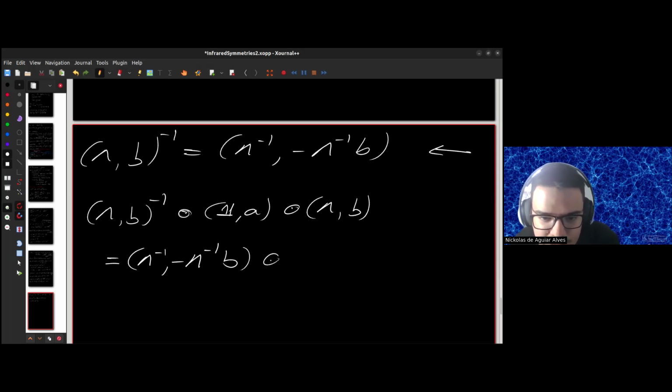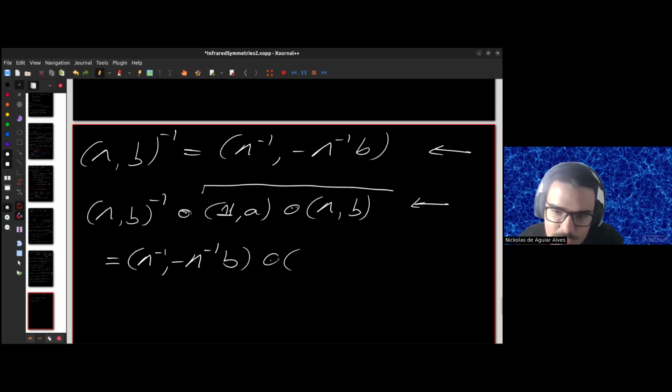Then we make this composition, the second term. We can do it in any order because groups are associative, but I'm going to choose this particular order. Using the group composition law, you're going to find this expression here.